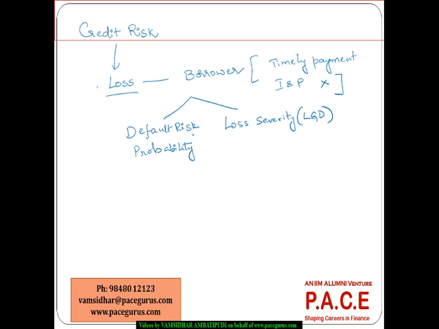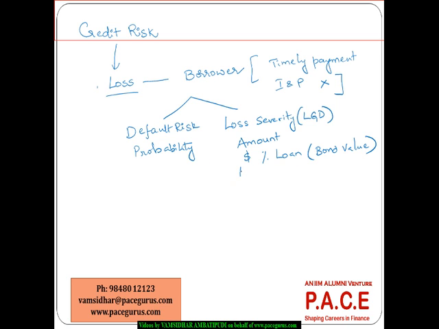In case the borrower has defaulted, what is the amount of loss? What is the money that would typically be lost? It could be expressed either in dollar terms or as a percentage of the loan amount or the bond value. So what percentage is really lost?